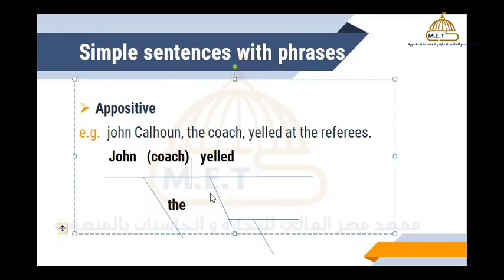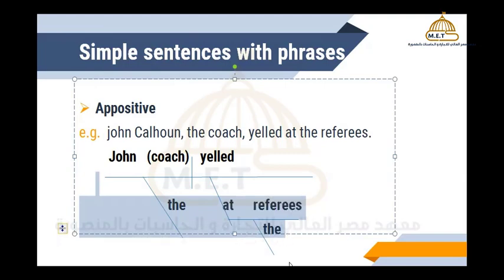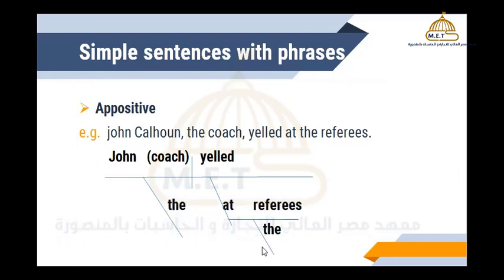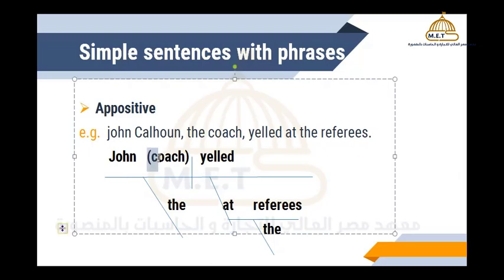We have at the referees, so we are going to write it here. At is the preposition, and referees is the object of the preposition, and the is the article. So this is the diagramming of the appositive phrase John Collins, the coach. The coach is the appositive phrase, and then we completed diagramming as simple as we said.